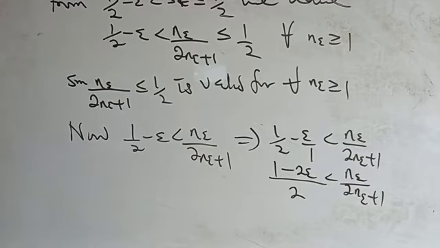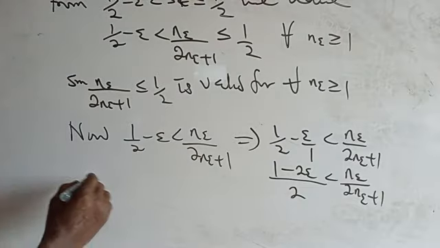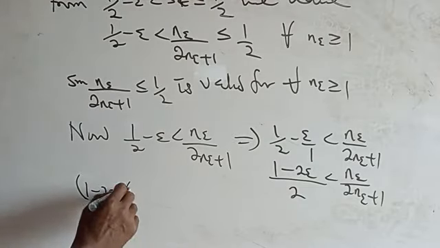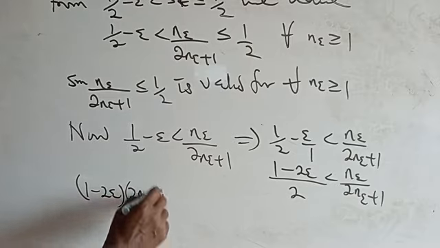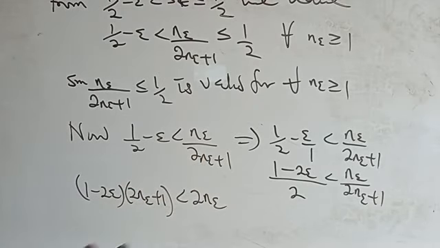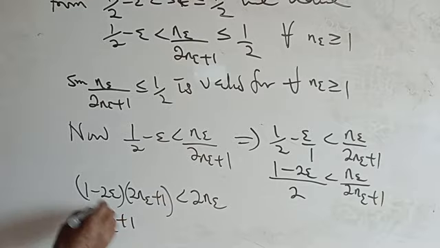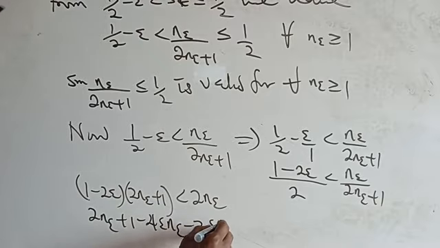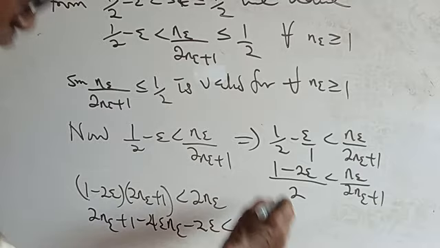By the time we cross multiply, we have 1 minus 2 epsilon, multiplied by 2n epsilon plus 1, less than 2n epsilon. Expanding this, you have 2n epsilon plus 1 minus 4 epsilon n epsilon minus 2 epsilon less than 2n epsilon.